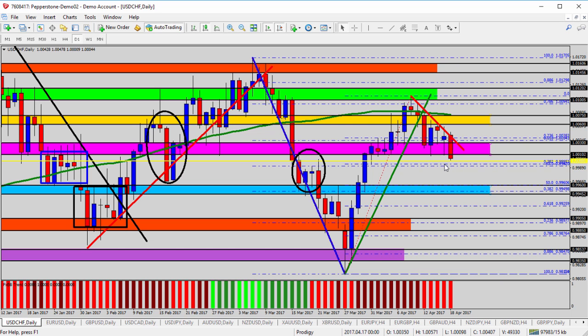The 38.2 of the green trend, by the way, sits right there underneath the parity level. So we know that there's potential support and reversal to go back up, and we want to be sure to look for the setup for the breakout if we're going to see it go lower.